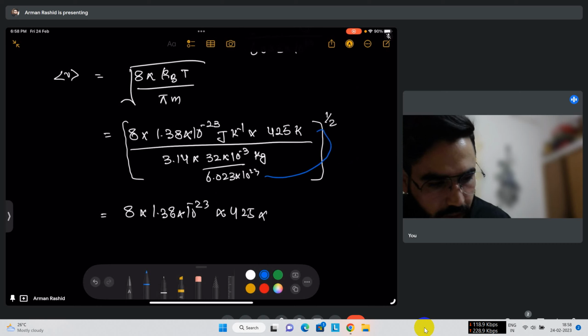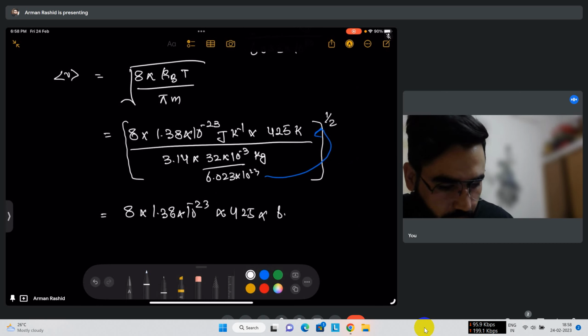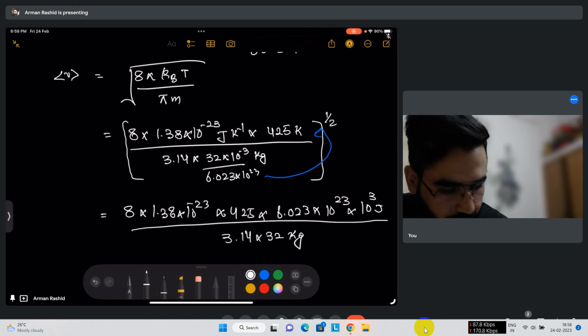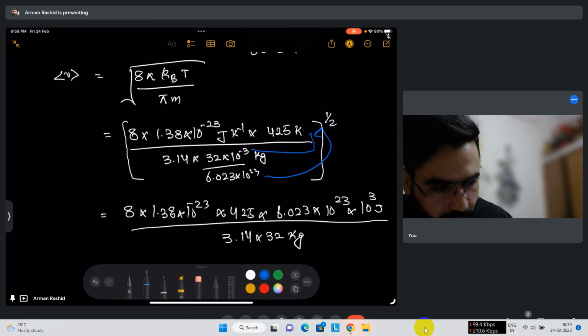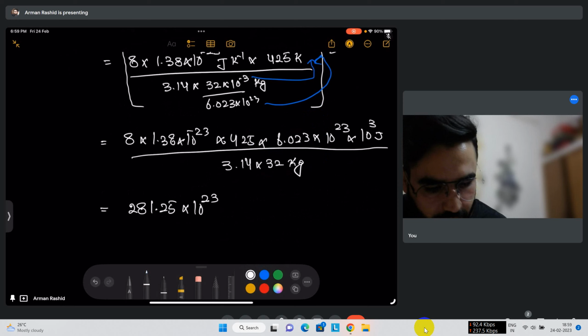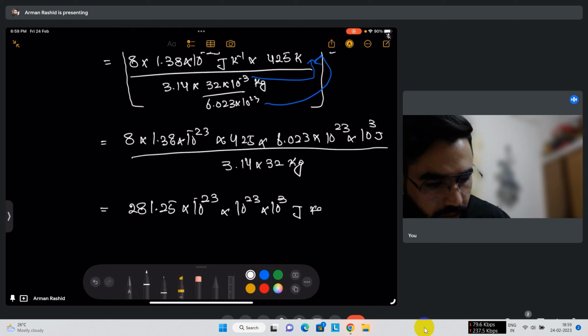This will go here, right? 6.023 times 10 to the power 23 multiplied by 10 to the power 3 joule divided by kg. So it will be 281.25 times 10 to the power 3 joule per kg.